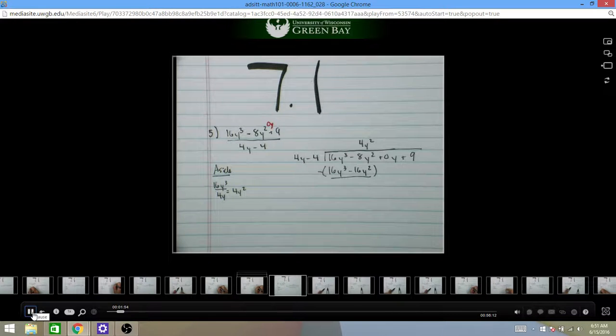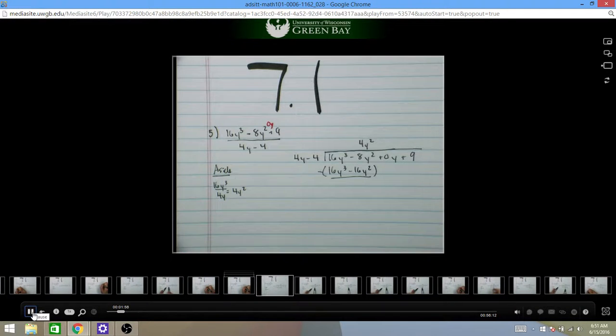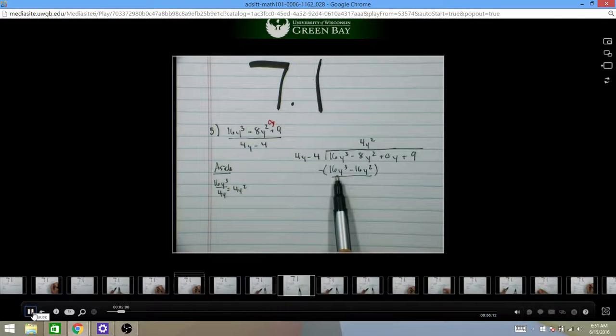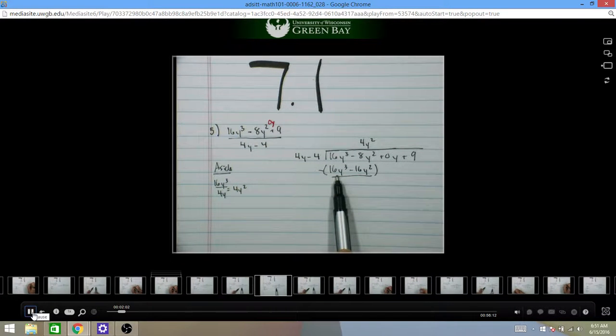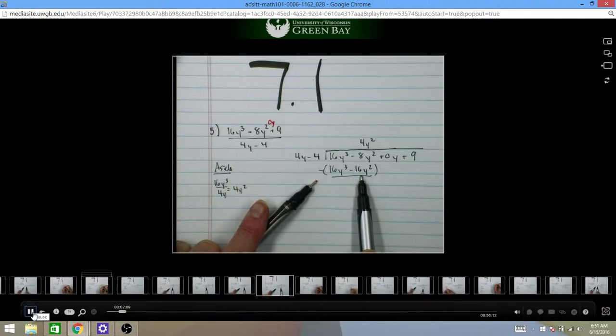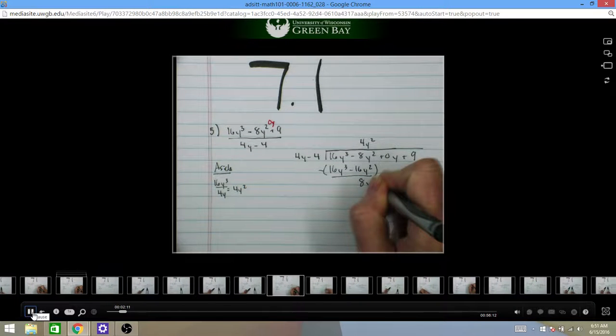So we multiply the 4y squared times each of these, and then we subtract. And we subtract the 16y cubed minus 16y cubed, that's 0. When we subtract, this becomes plus. So negative 8y squared plus 16y squared, and that would be 8y squared. And then we bring down the 0y.